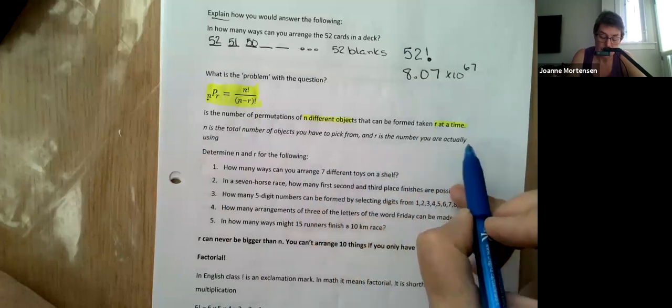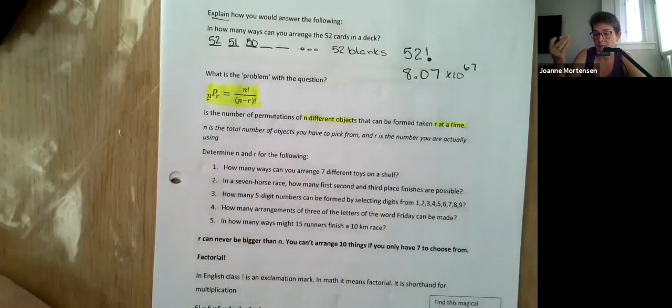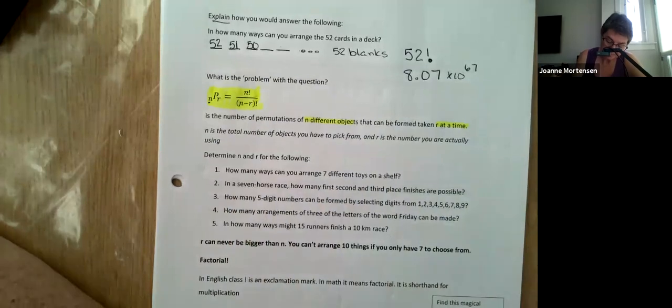And r is the number you're actually using, the number you're actually picking. So in this case, it's going to be 52 also, because we arranged every single one of the 52 cards. So to start with, all I want you to do is go n is equal to, r is equal to.